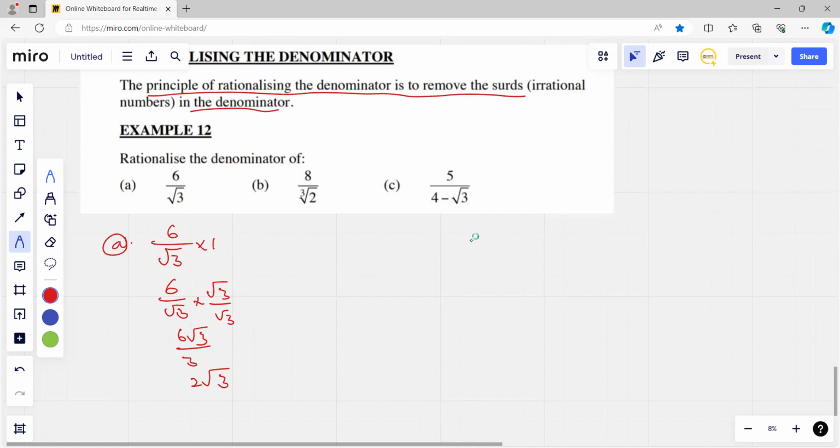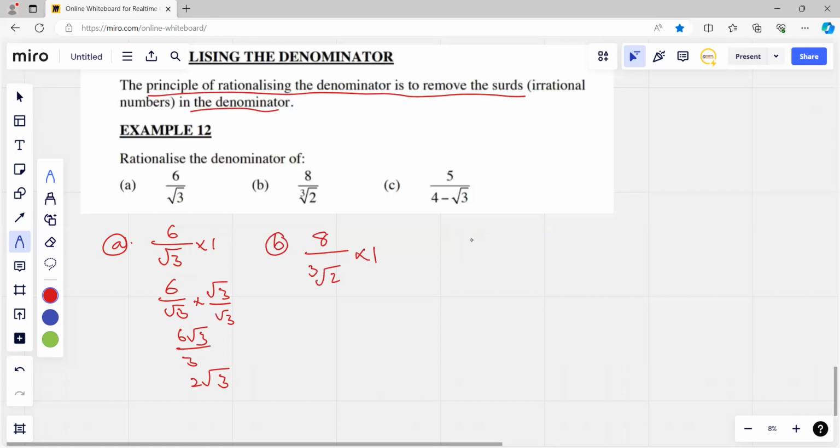Number B, we have 8 over cube root of 2, multiplied by 1. If we multiply by this, cube root of 2 multiplied by cube root of 2 is not equal to a rational number. It will give you a number that is irrational.